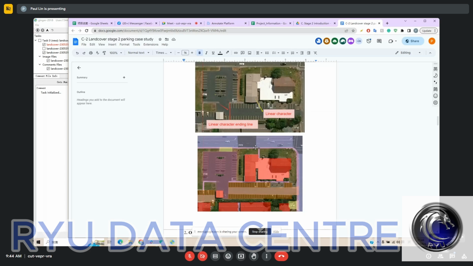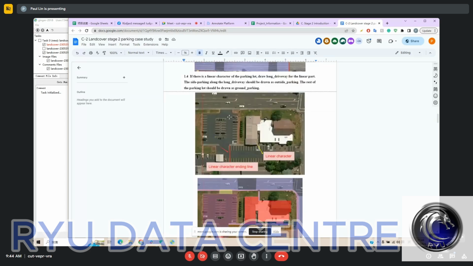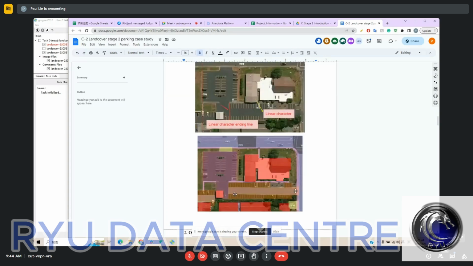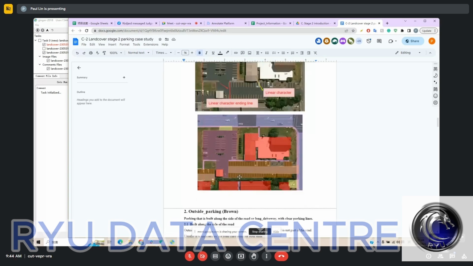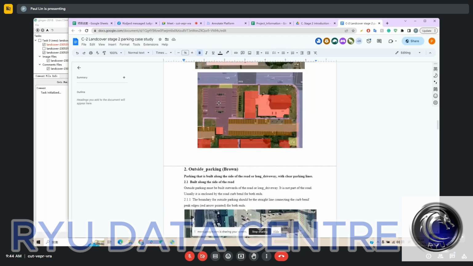Then we can take a look at what outside parking is. It's along a linear feature. For example, this one we draw as a long driveway, and beside the long driveway there are two rows of parking area, as you can see. For this, we capture it as outside parking, and this big parking lot here we capture as ground parking.